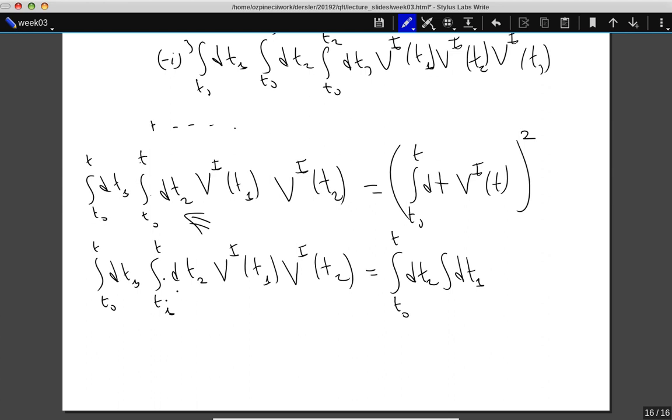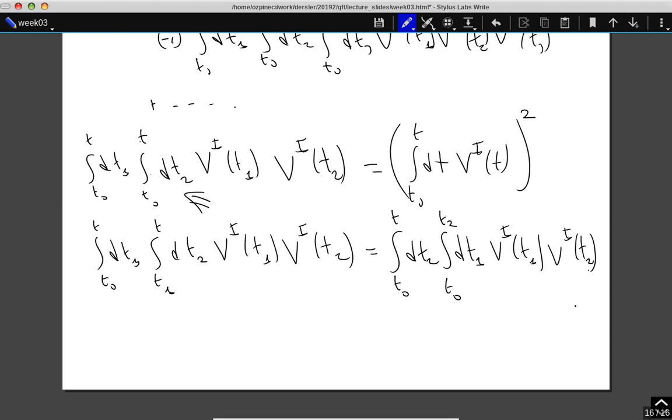So t1 goes up to t2. Now let me also change the names of the integration variables: let me name t1 as t2 and t2 as t1.